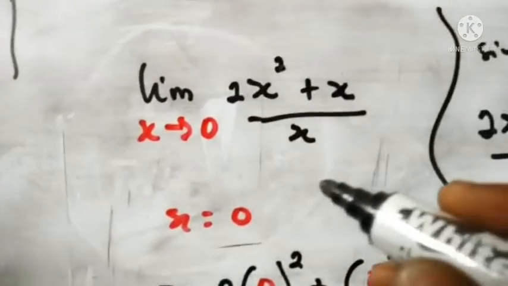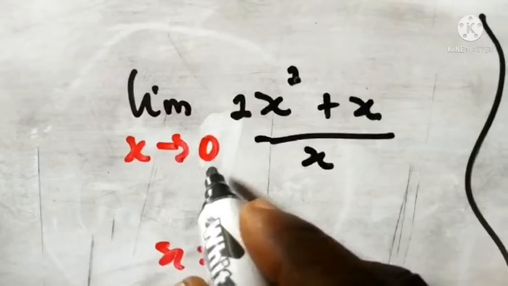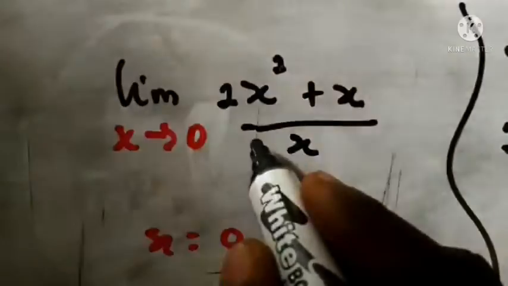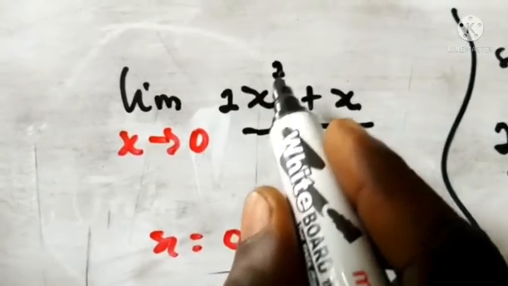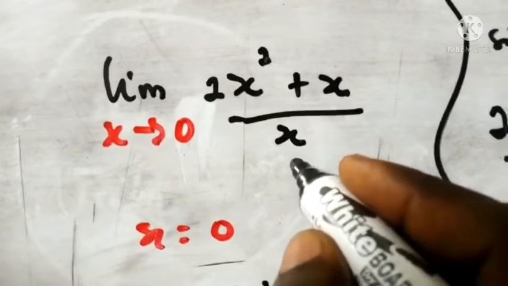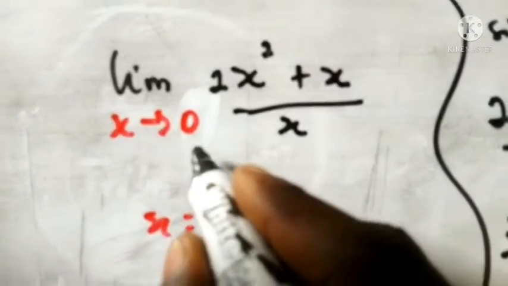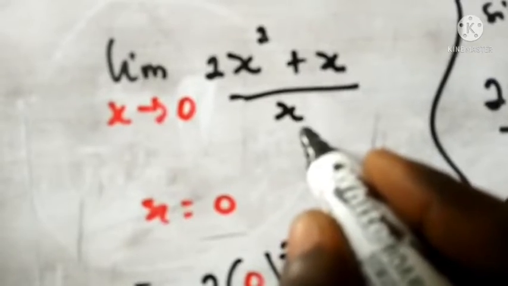Now in this case, look at what is happening. If you came with an amount of 0, you didn't come with anything. This is our law, where we have 2x squared plus x, and then everything divided by x. Here you can see that if you plug in 0, you are not taking anything home.